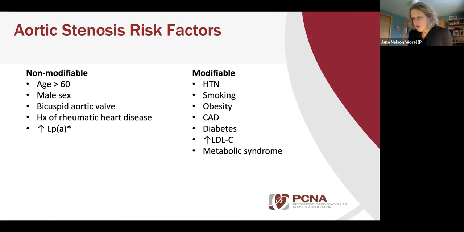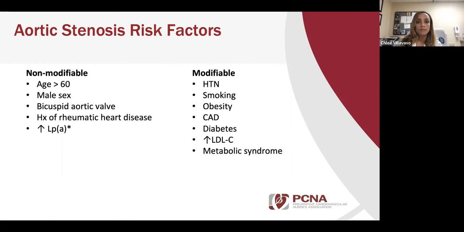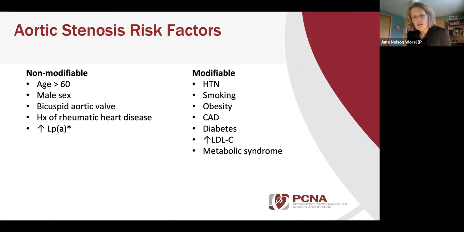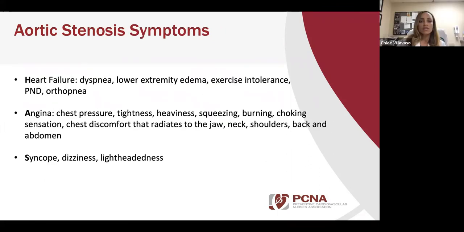So once we've identified that someone is potentially at risk for aortic stenosis based on these risk factors, what symptoms should nurses be looking for in their patients to identify this problem early on? I like to use the acronym HAS. So H stands for heart failure.